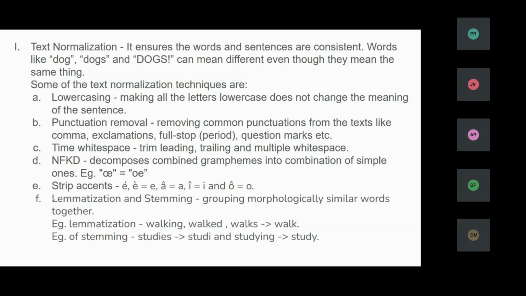In the example of lemmatization as well as stemming, you can see that lemmatization follows a dictionary form and keeps the words that we actually have, while stemming keeps the word irrespective of whether it exists in the dictionary. Like in the example of studies, it only keeps studi.